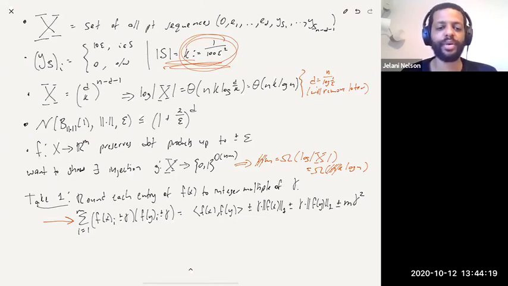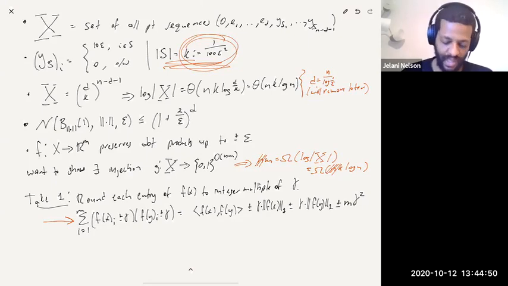I have terms that look like gamma times, in magnitude at most, the absolute value of f of x_i summed over i. So that's basically the L1 norm of f of x. So I have an error that's at most gamma times the L1 norm of f of x. I also have an error that's at most gamma times the L1 norm of f of y. And then I also have gamma squared, from those other terms, plus or minus gamma times plus or minus gamma. I have a gamma squared term, and I have that m times. So I have another error that's at most m times gamma squared.